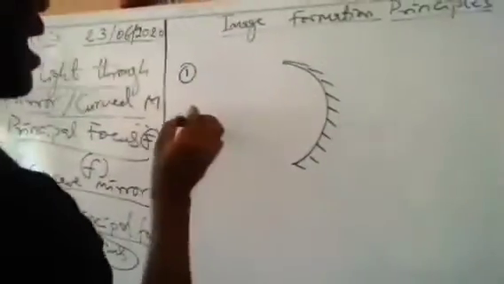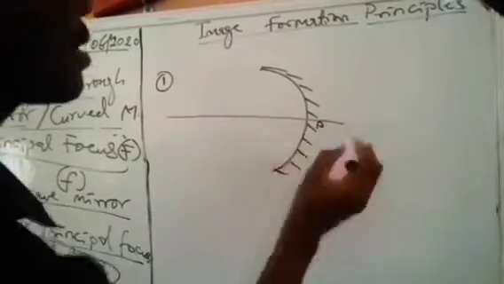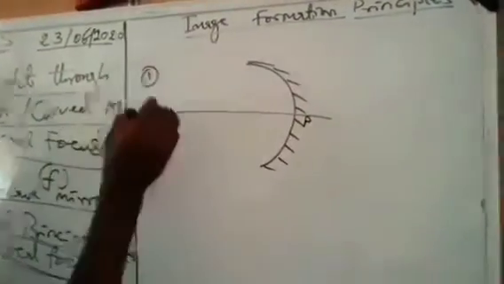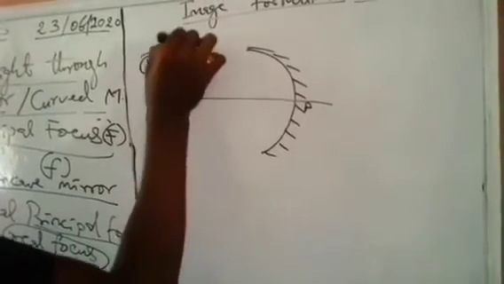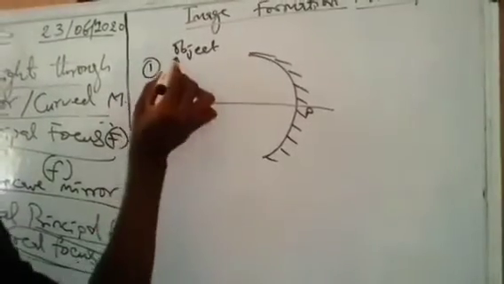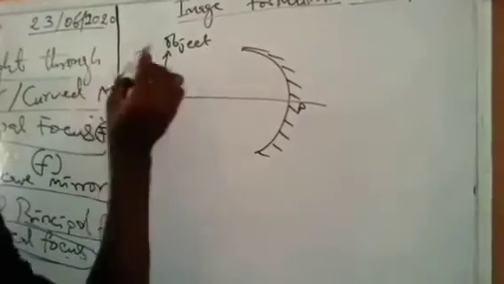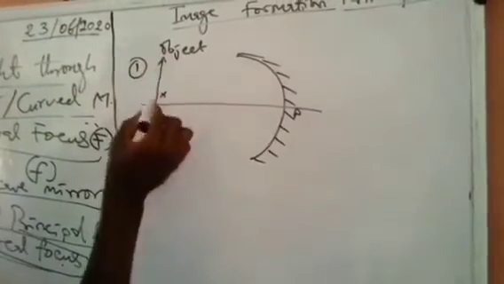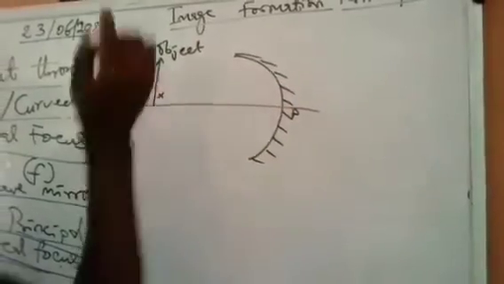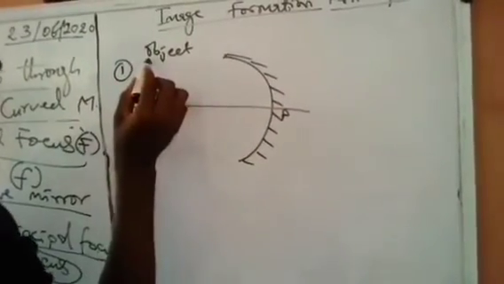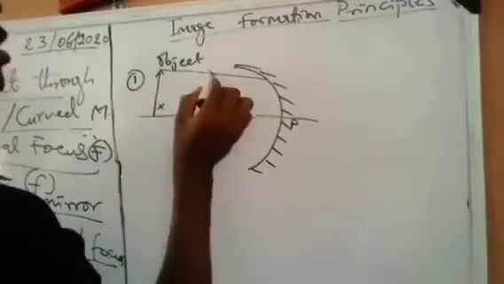Now, if I have my principal axis as this and my pole P, you notice that if I place an object here, a ray of light, for instance, let me use one ray of light to denote this. Of course, when an object is before a mirror, a lot of rays of light fall on the mirror from the object, but we just use one to see what happens. A ray of light will simply fall on the mirror.